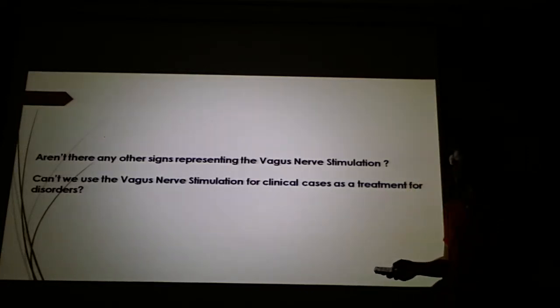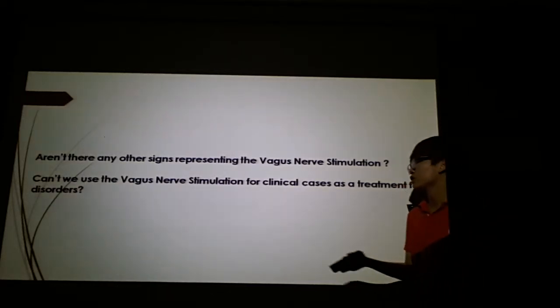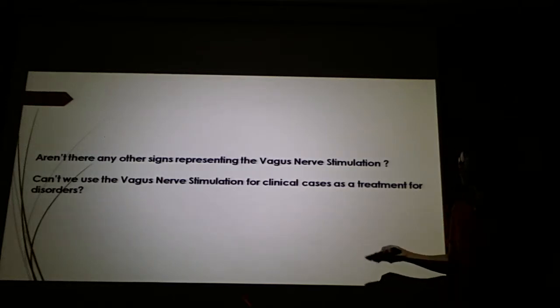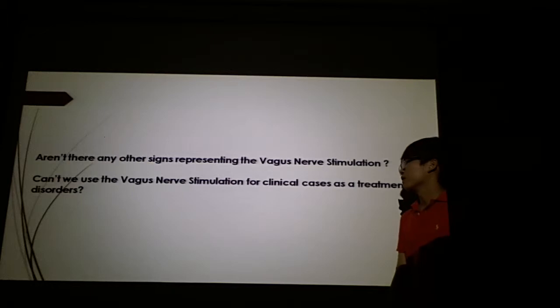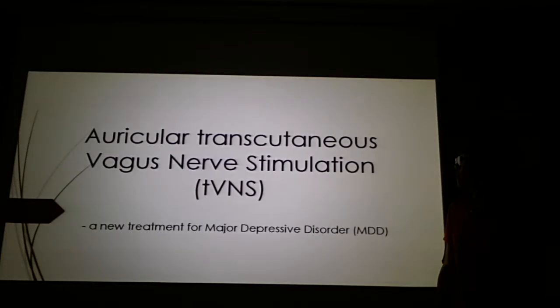And the second was, can't we use the vagus nerve stimulation for clinical cases as a treatment for disorders? I heard something about depression and things from my professor, so I looked these up on the web, and I found 2 papers about this. And it was auricular transcutaneous vagus nerve stimulation, often called TVNS.